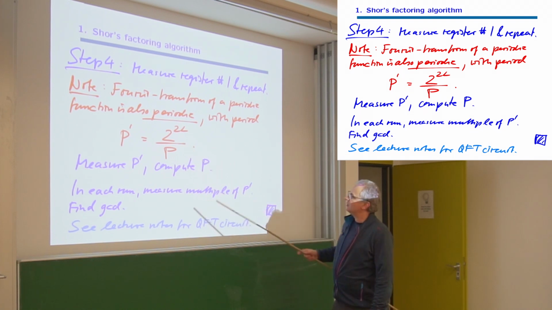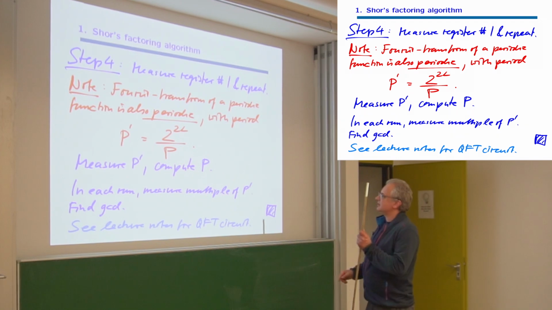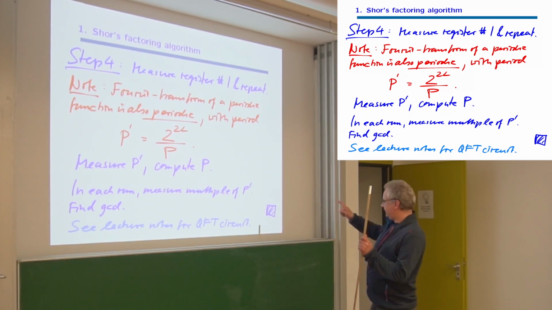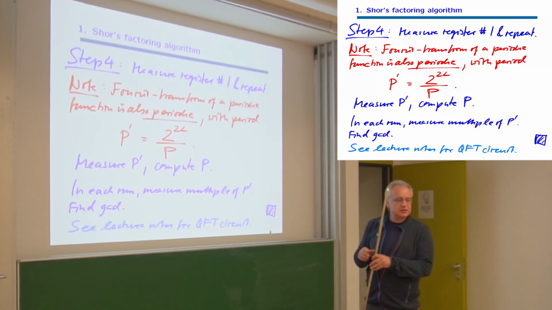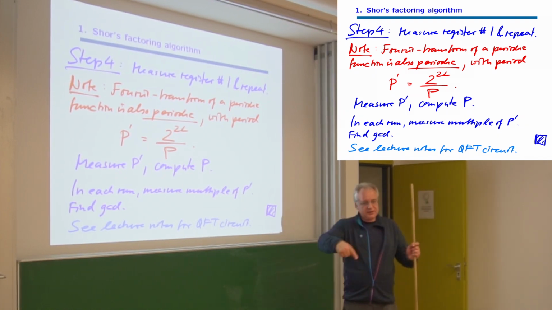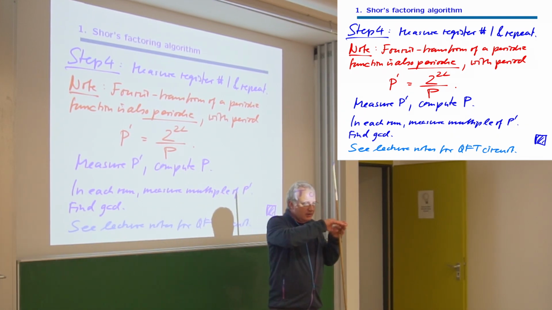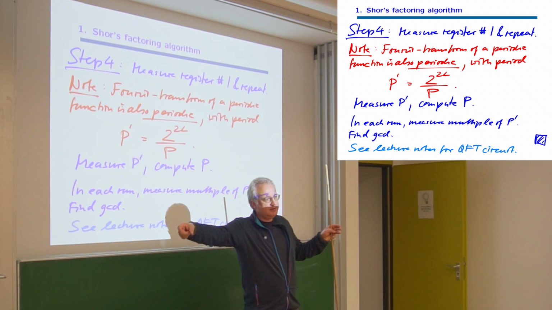Another way to say this is that for the periodic function m to the power p, not an integer number of periods will fit into our register, but a very large number of periods and then a tiny little bit.